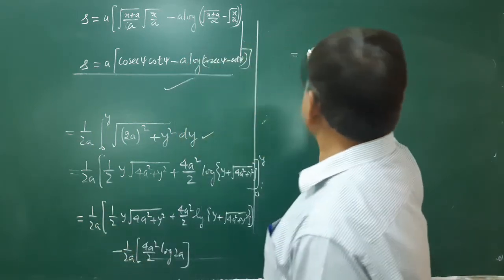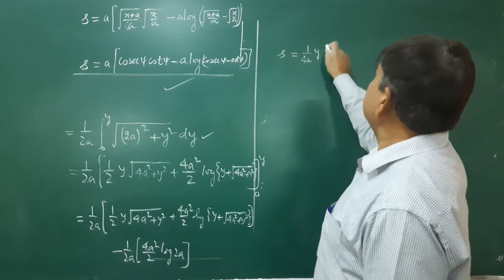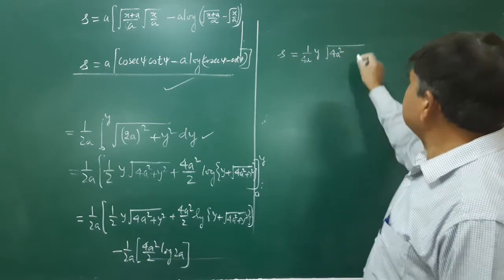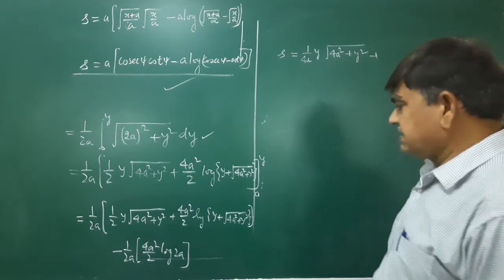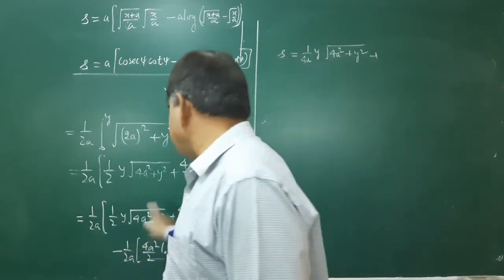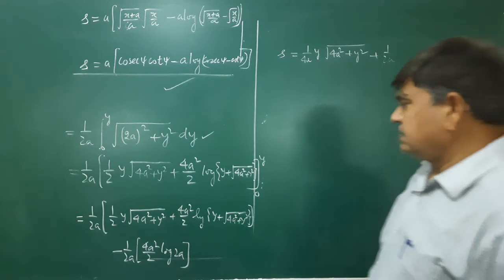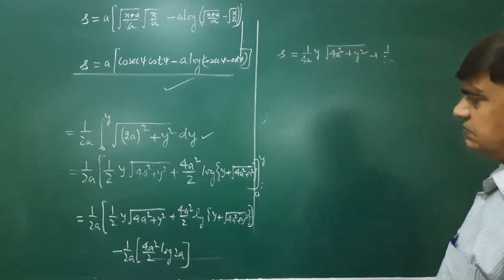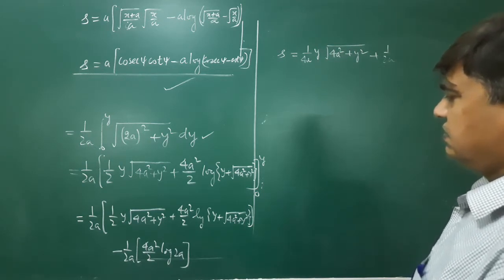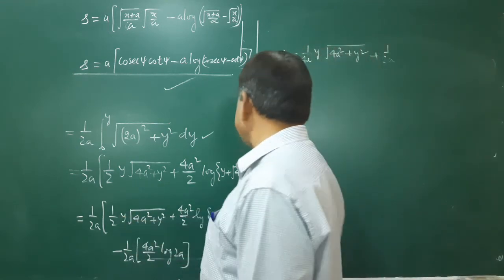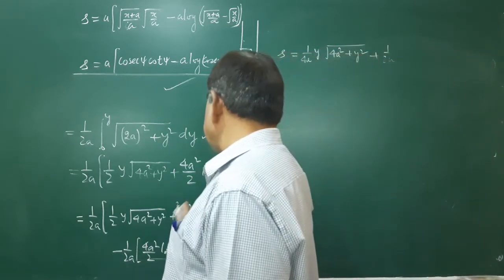It is 1 by 4a, y under root of 4a square plus y square plus 1 by 2a. 1 by 2a, so it is 1 by 8a, 1 by 4a into y this, then this and this cancelled out, so here it is 2.